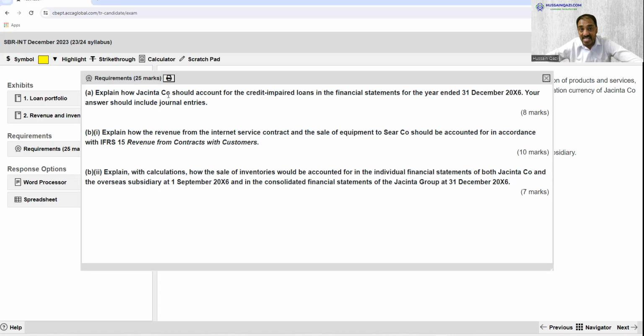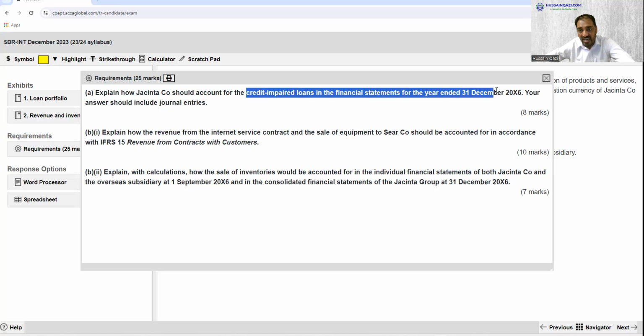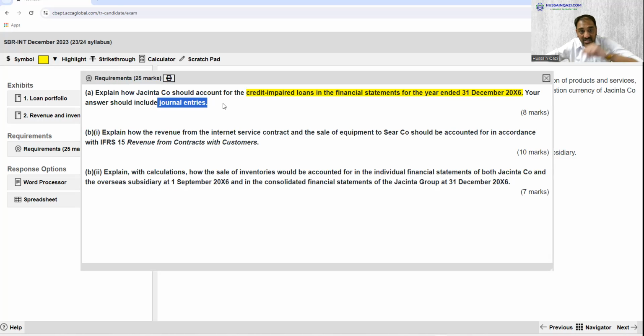Explain how Jacinta should account for credit impaired loans in the financial statements for the year end 31st December XX. Your answer should include, as the examiner mentioned, the journal entries. It is an 8 marks question.